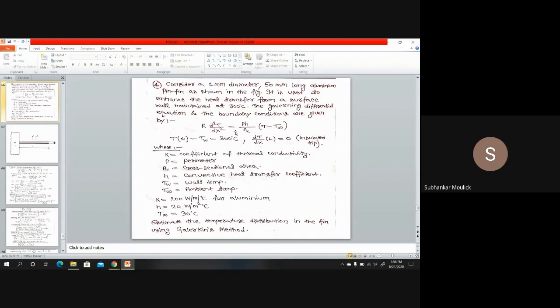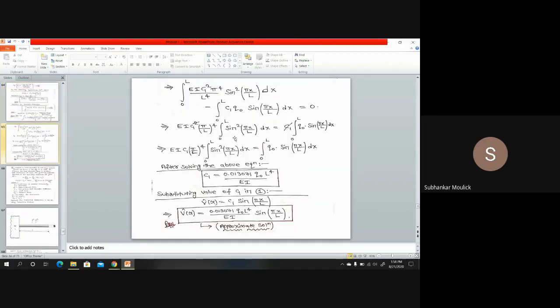Then you minimize that integral by some technique. That technique is your Rayleigh-Ritz method. So these are the two differences between weighted residual method and variational method.